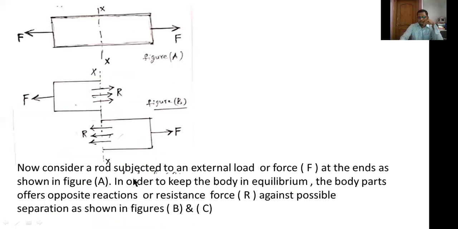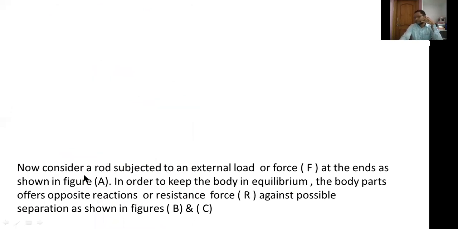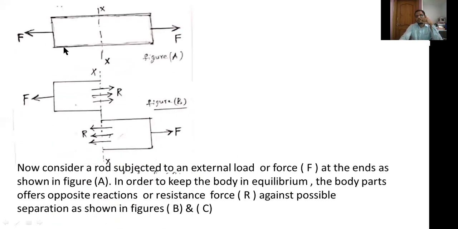Now I am going to explain with an example. For example, consider a rod subjected to an external load or force F at the ends, as shown in figure A. In order to keep the body in equilibrium, the body parts offer opposite reactions like this.